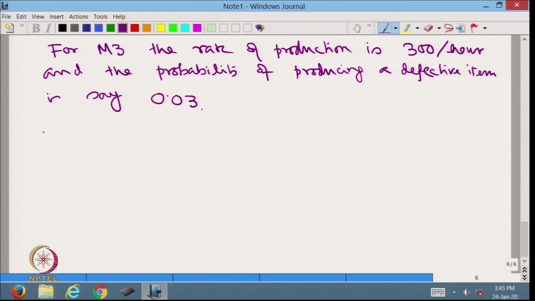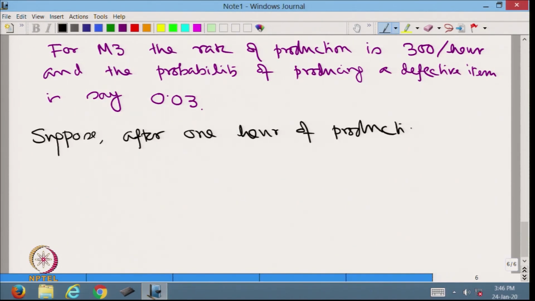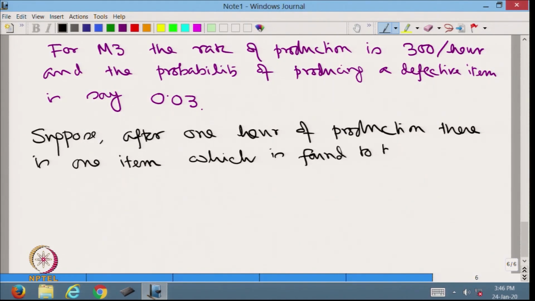Now, suppose after 1 hour of production, there is one item which is found to be defective.